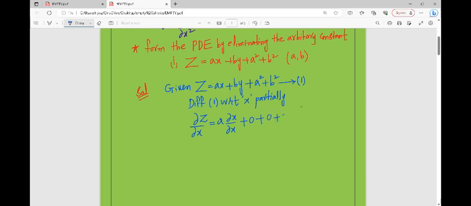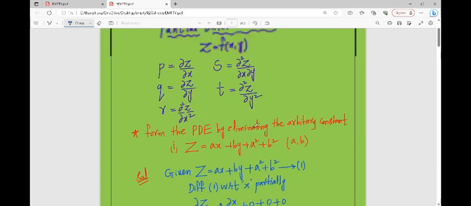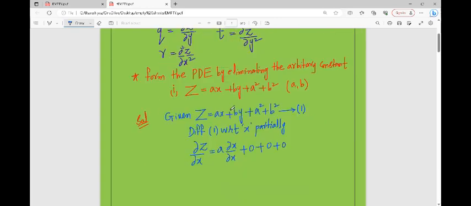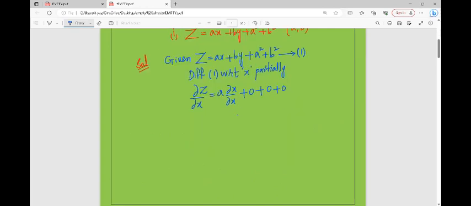And now you see dou z by dou x, what are we going to call it? P. So it is P. P is equal to a into this value is 1, which means that our a value is equal to P. A value is P.